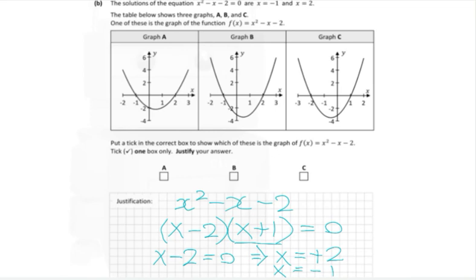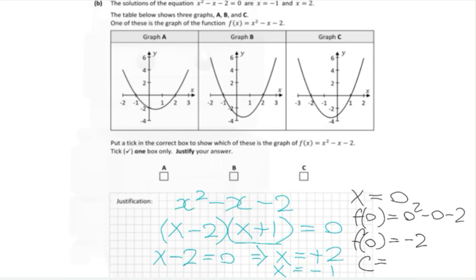Well, the input of x is equal to 0, then f of x would be f of 0, which would be 0 squared minus 0 minus 2. So f of 0 is equal to minus 2. That will give a c value or a y-intercept of minus 2.